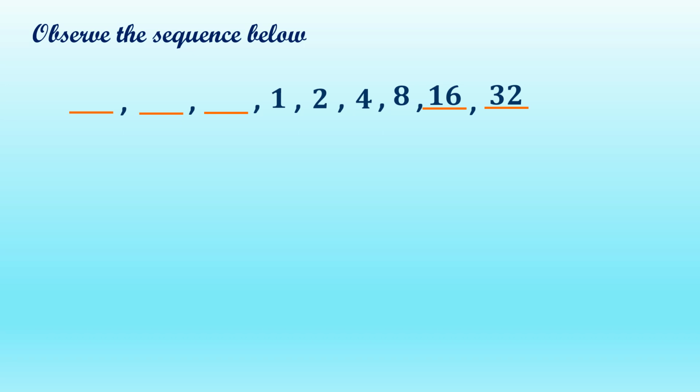So we divide 1 by 2, we get 1/2. The next number in the sequence would be 1/2 divided by 2, which is equal to 1/4. And the last number in the sequence would be 1/4 divided by 2, which is 1/8. So that is our sequence.